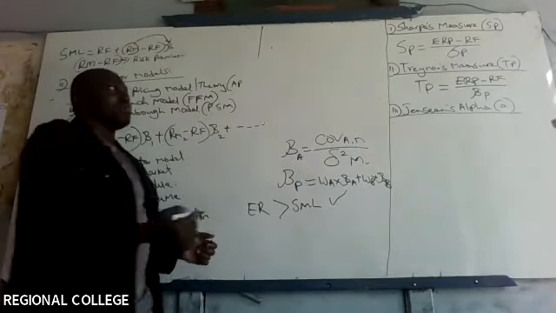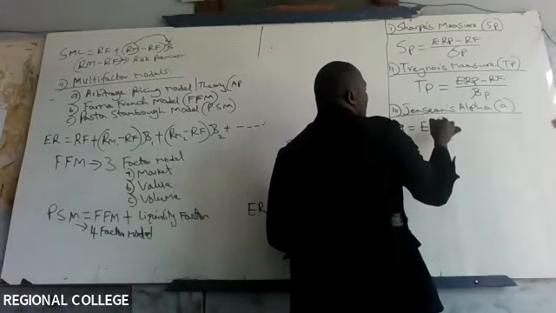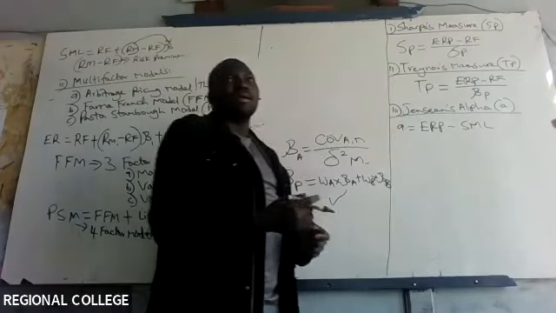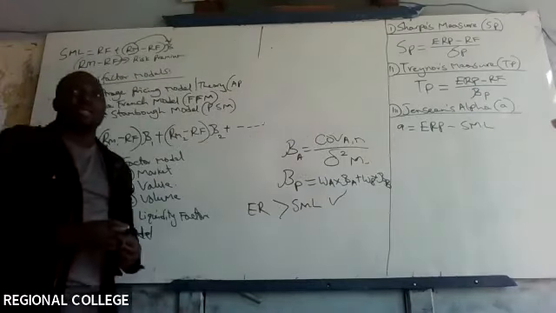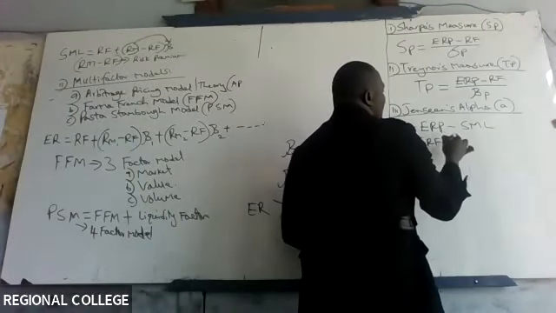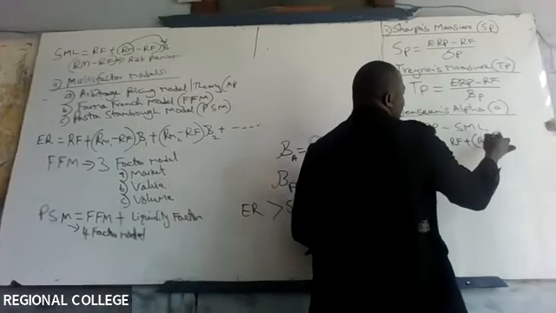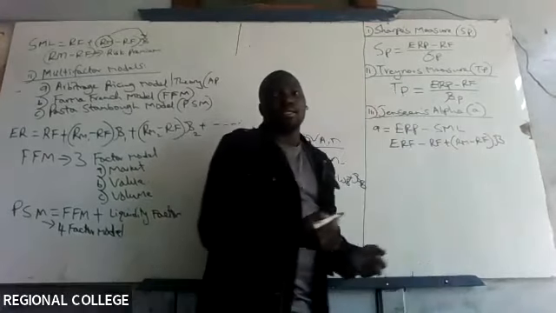And for that reason, just tell them that alpha equals the expected return of the portfolio minus SML. That is ERP minus the SML. Do you remember the formula of SML? RF plus what? RM minus RF times the beta.